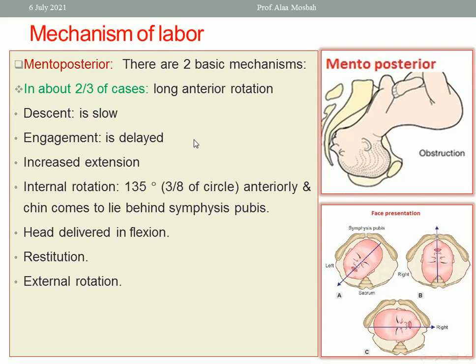Descent is slow, of course. Engagement is delayed. There is increased extension. Then when it reaches the pelvic floor, the chin will rotate 3/8 circle anterior.